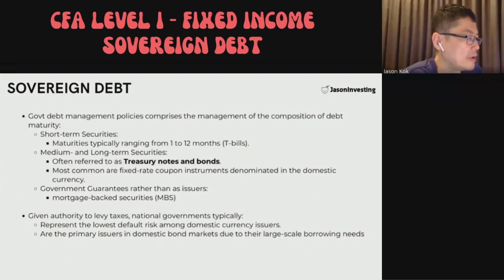Given the authority to levy taxes, national governments typically represent the lowest default risk among domestic currency issuers, that is, compared to other domestic corporations. The power to levy tax across corporations and citizens across the whole country is a very powerful way to generate tax income, and they are generally the primary issuers because of their large-scale borrowing needs to run the country.